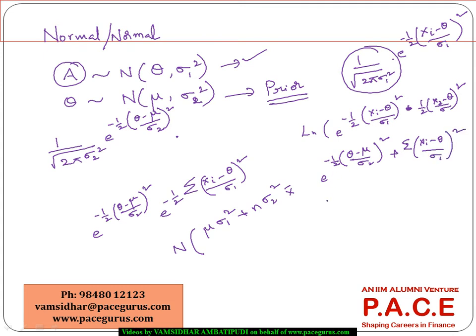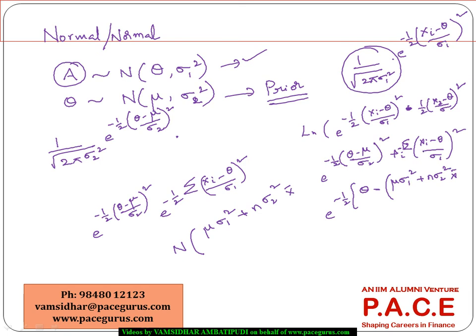Now if you try adding up all this, I'll take e to the power of minus half. Let me do it with this. So this works out as theta minus of, I can very well look with mu sigma 1 squared, right, minus of mu sigma 1 squared plus n sigma 2 squared x bar.